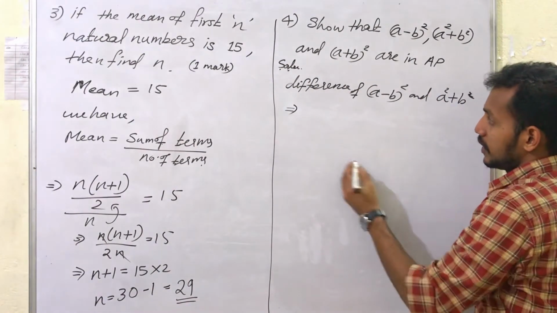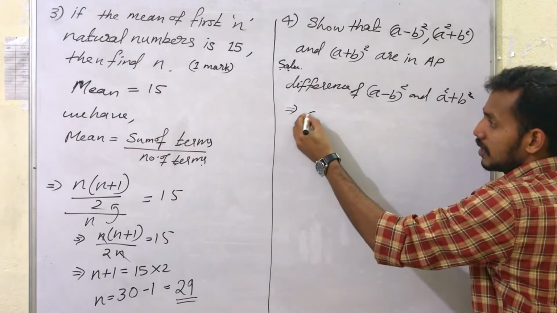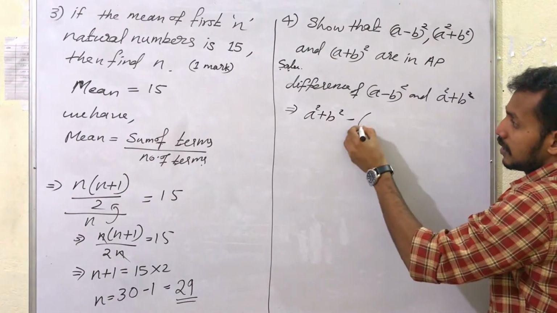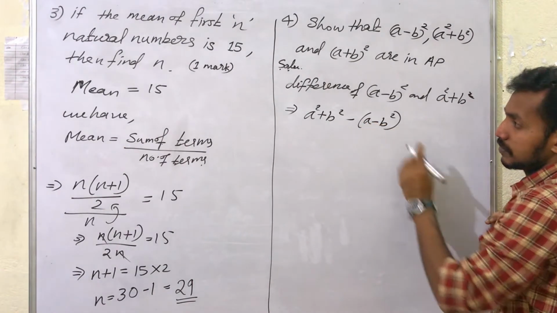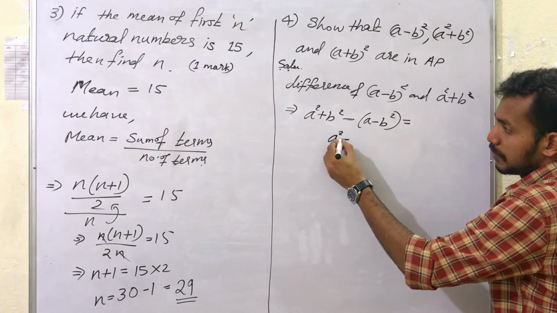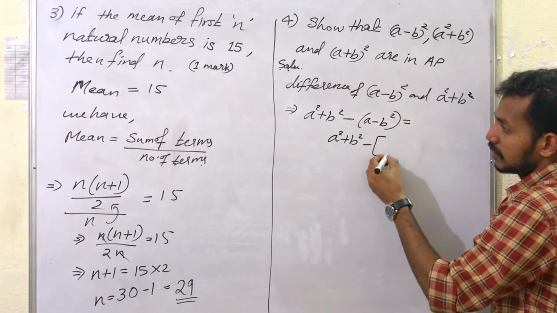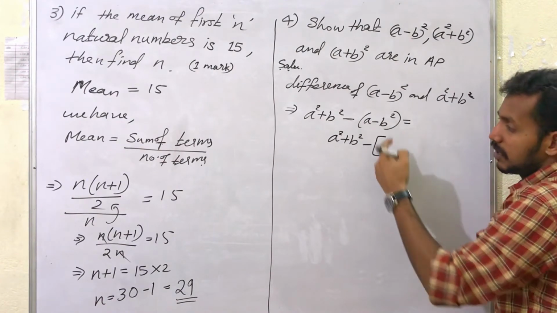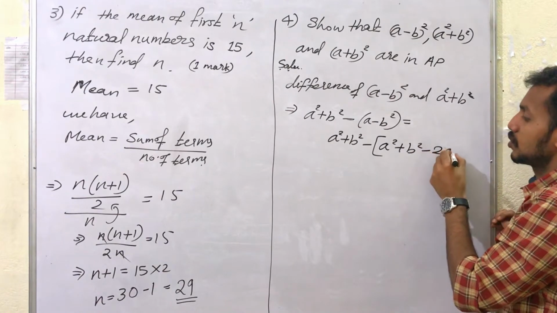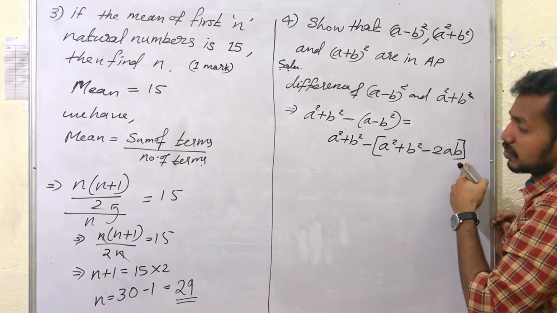That implies the difference will be, we have to subtract a1 from a2, that is a square plus b square minus (a minus b) whole square, which is equal to a square plus b square minus, expand it by using algebraic identity, what we will get, a square plus b square minus 2ab. (a minus b) whole square is equal to a square plus b square minus 2ab.